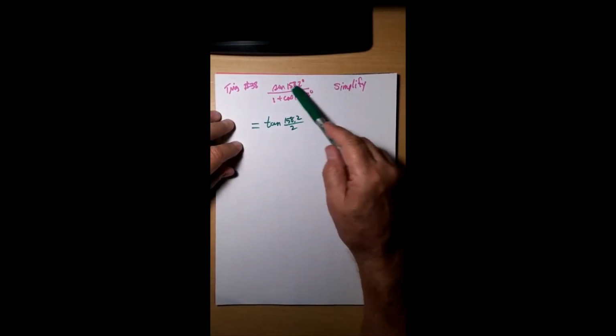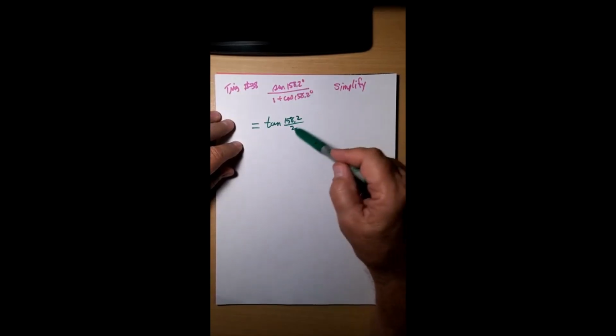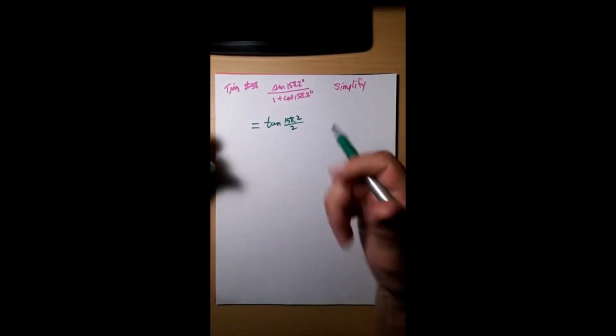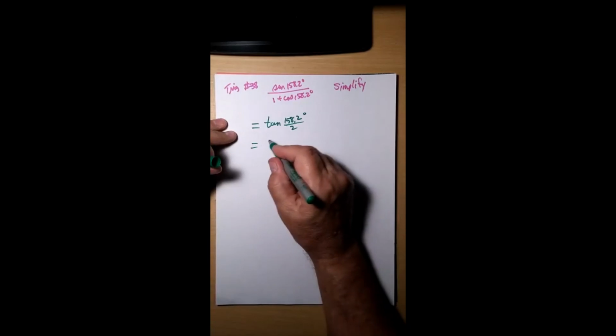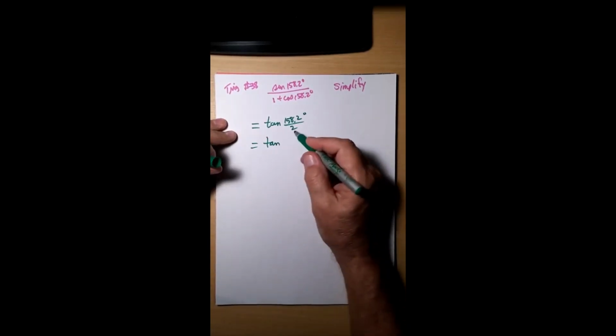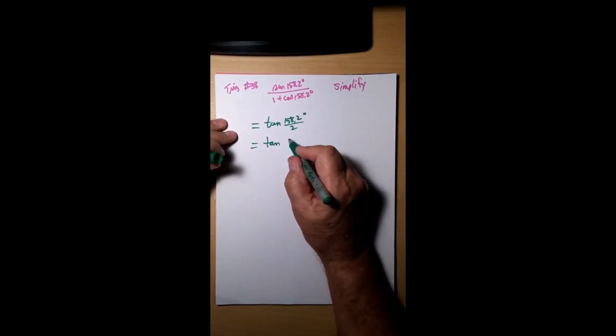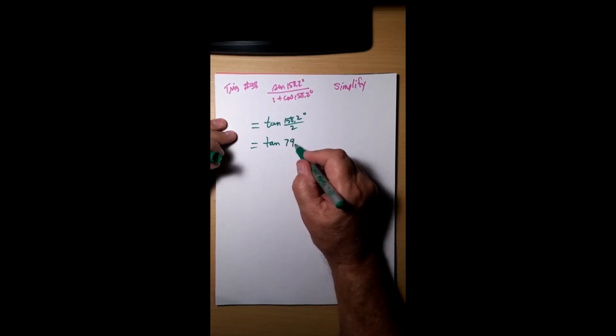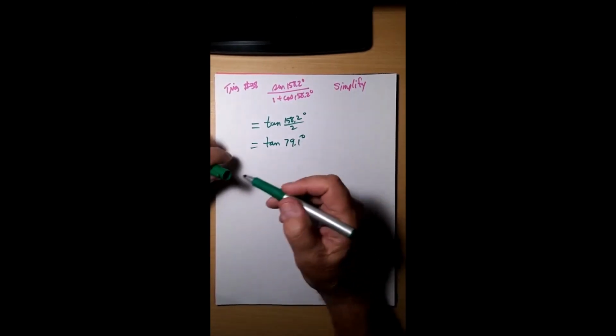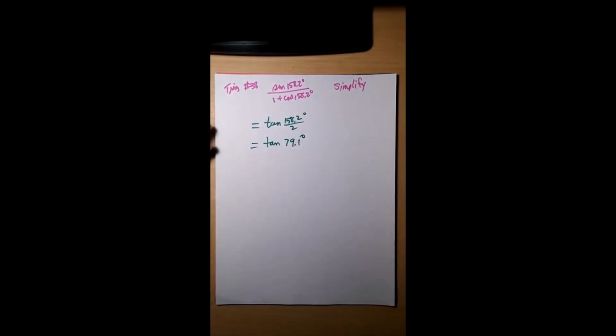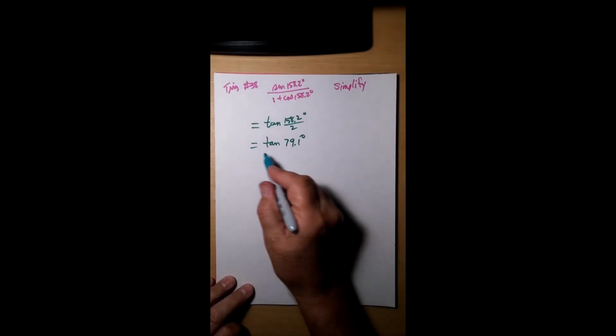So if this is the whole angle, then this is the half angle. Tangent, half of this is 79.1 degrees. So that's the end of 38.